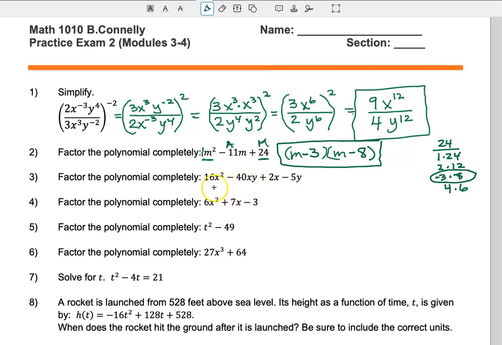This time we have 4 terms. And I said before, if you have 4 terms, that means you're going to be doing factor by grouping. So to do that, we first want to look and see if there is a greatest common factor of all 4 terms. And there's not.